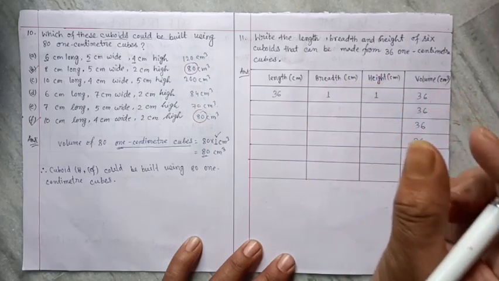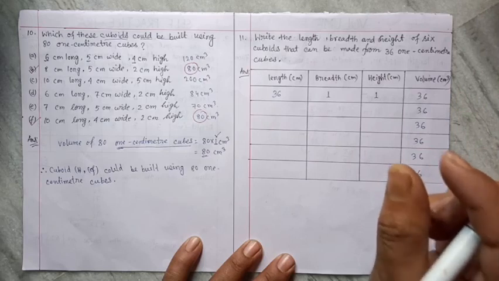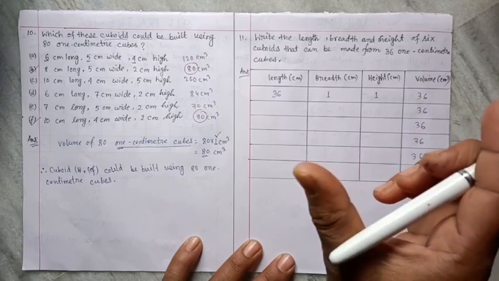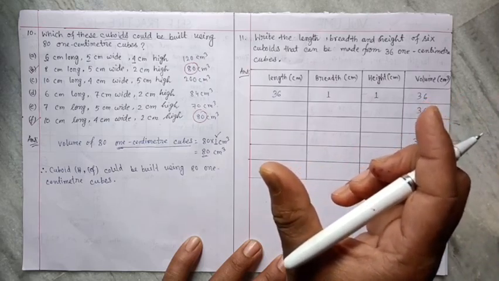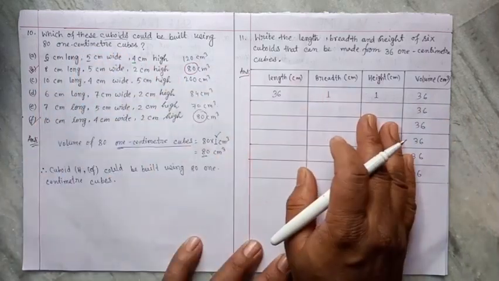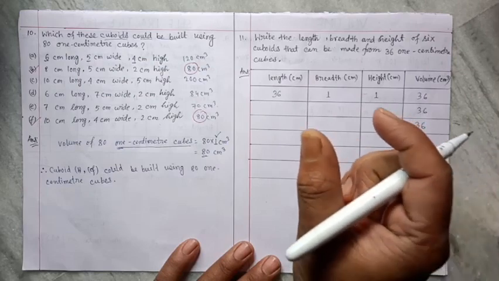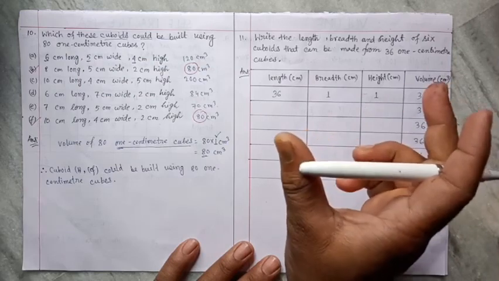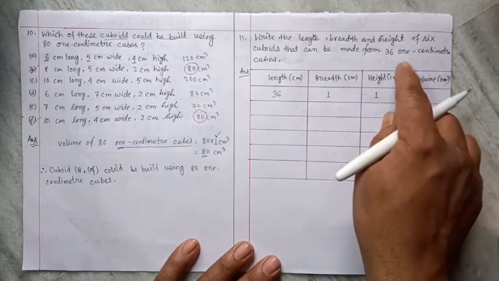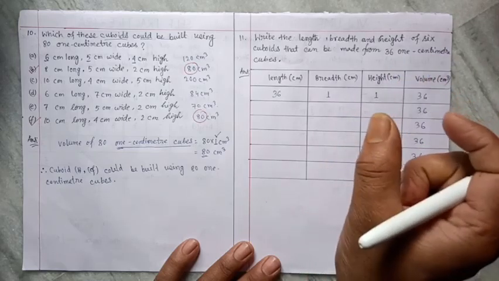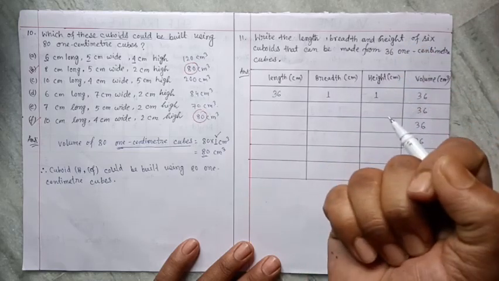That means using small cubes you have to make a large cuboid. Is it clear? Question number 10 and question number 11 are quite the same. Here using small cubes you have to make a large cuboid. Here you have 36 cubes whose edge is 1 centimeter.